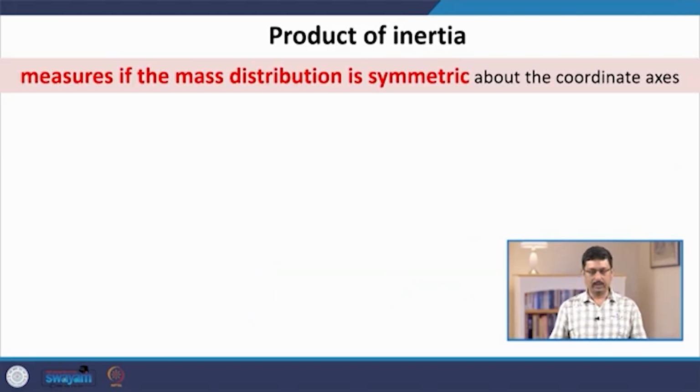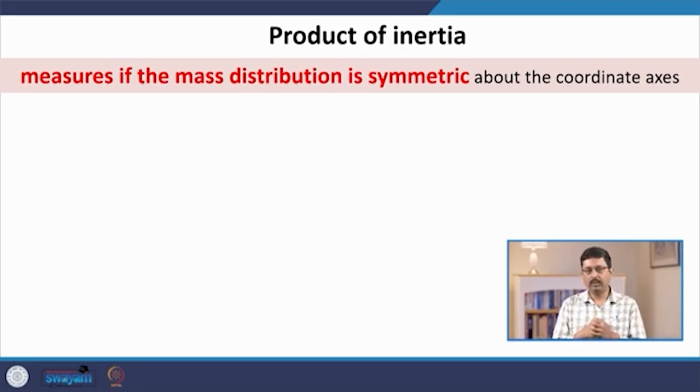So far, the moments of inertia Ixx, Iyy and Izz measure the spread of the mass distribution about the axis of rotation, if we choose the x axis, y axis, z axis as our axis of rotation.